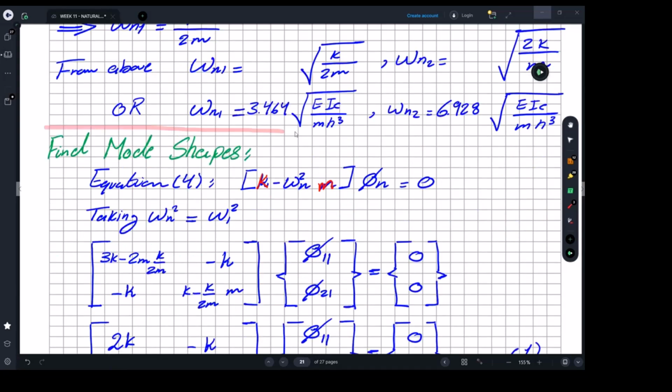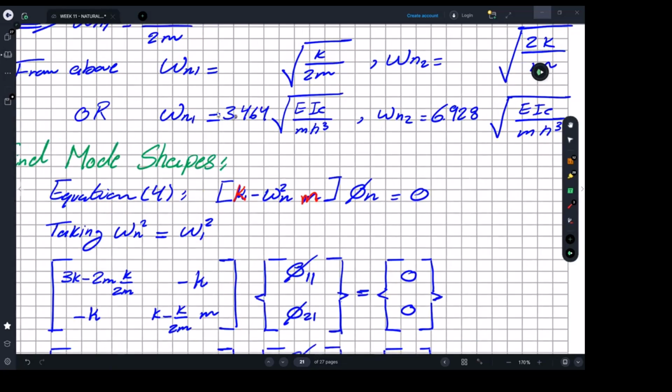So here we have calculated the frequencies, frequency 1 and frequency 2. As you can see, the first mode shape got the smallest frequency, which means the highest time period. As we said, the time period is the reverse of frequency.